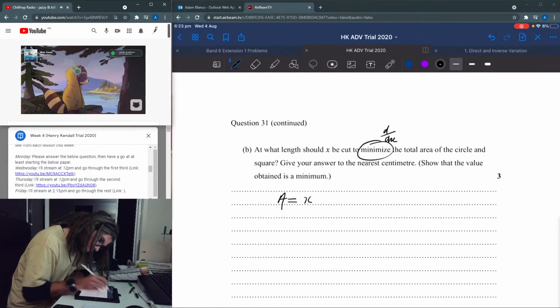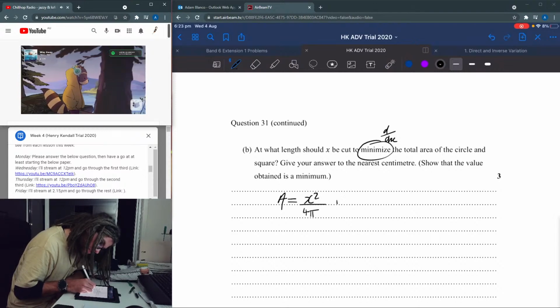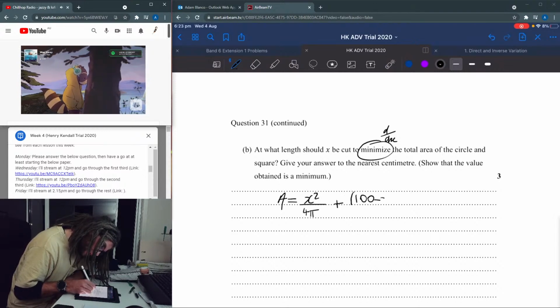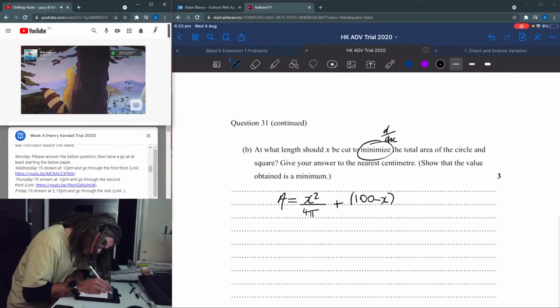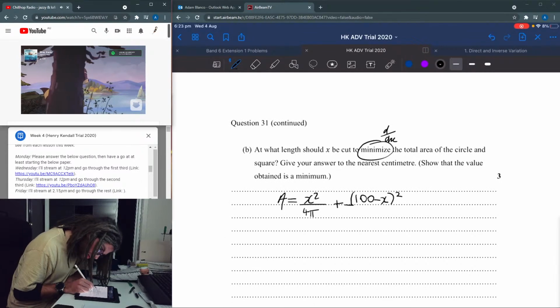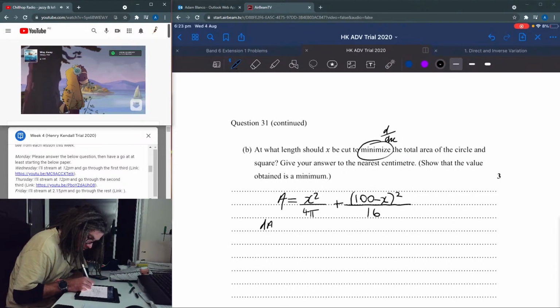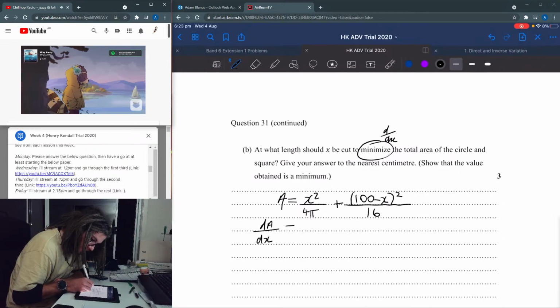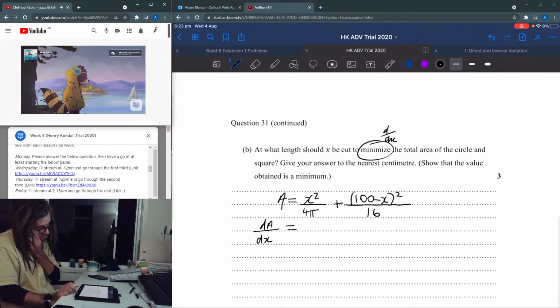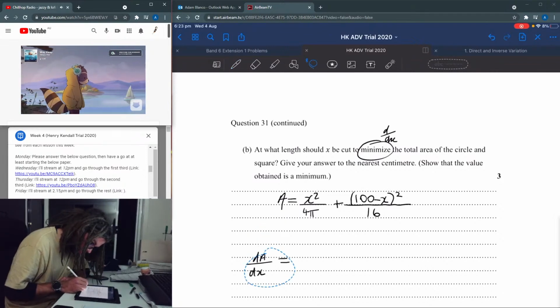x squared on 4 pi plus 100 minus x, was it all squared? Yeah, on 16. Now the derivative of the area with respect to x is equal to, okay, I need to rewrite it. I hate how it's written.